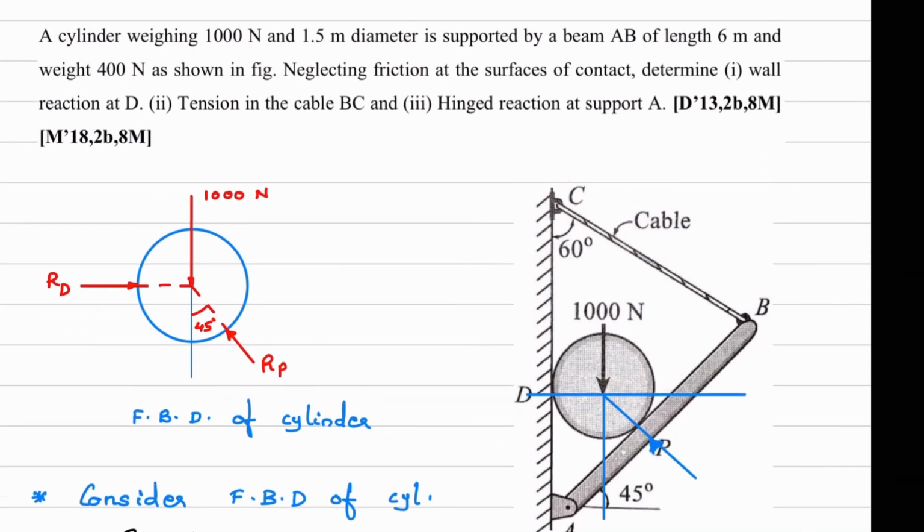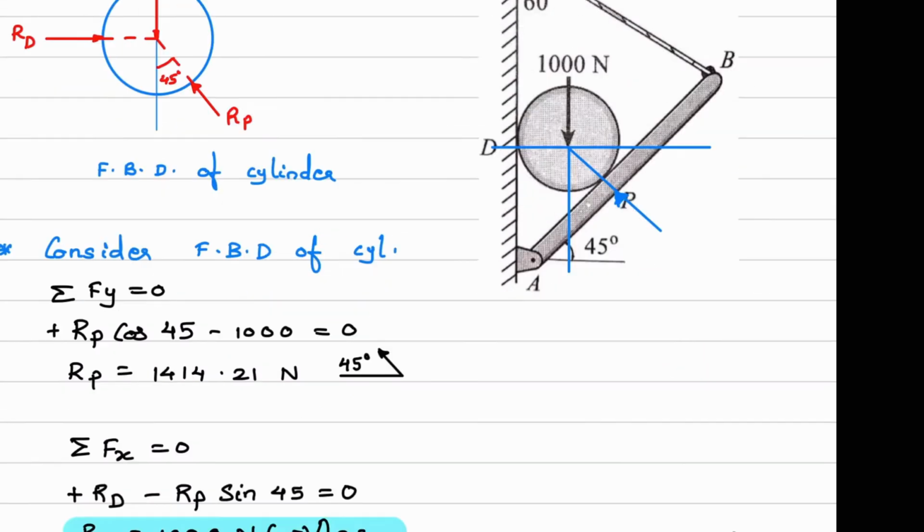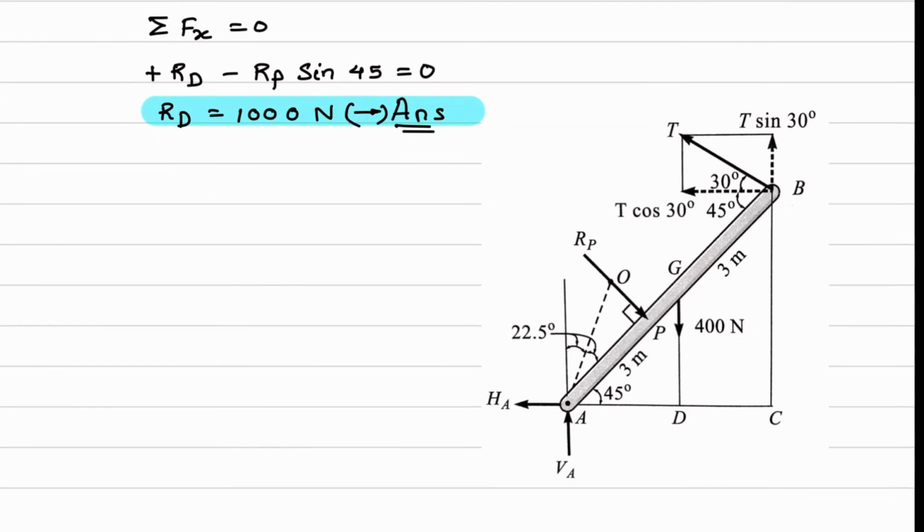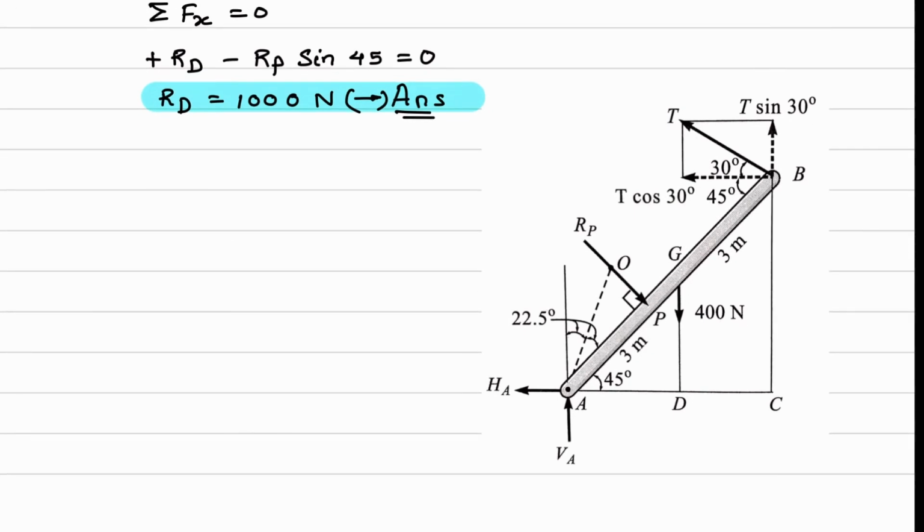What is the angle? Now this angle is 45. This angle is 60 degree. So what will be this total angle? It will be 75. And when you draw a horizontal over here, this angle will be 30 and this angle will be 45. So all the angles have been shown over here now. Here you can see this angle is 45.